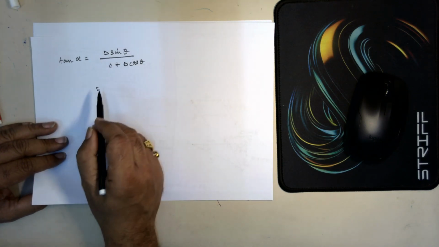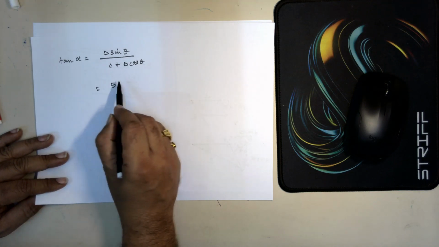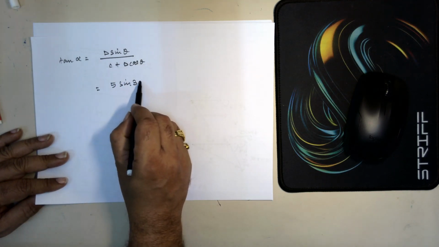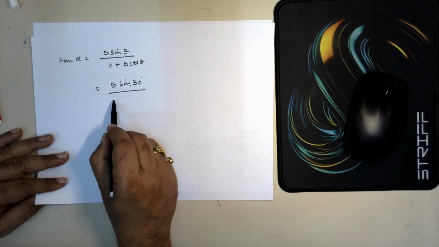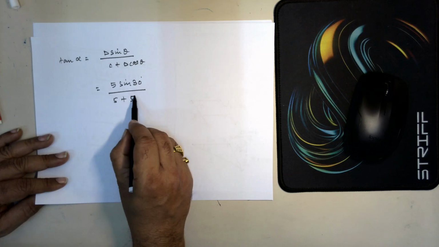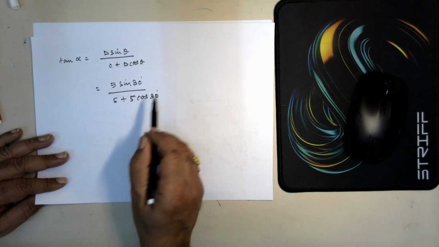Now you can substitute the value of theta and D. What is D? 5. 5 sin theta, sine 30 degree, divided by C is 5, plus D, 5 cos theta, cos 30 degree.